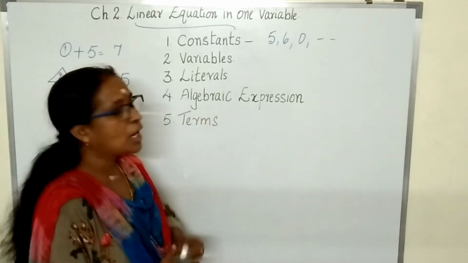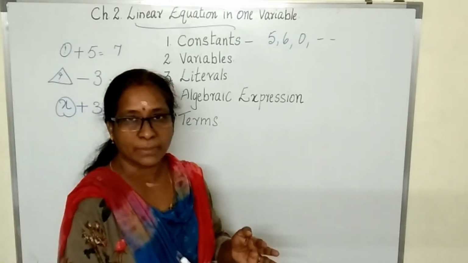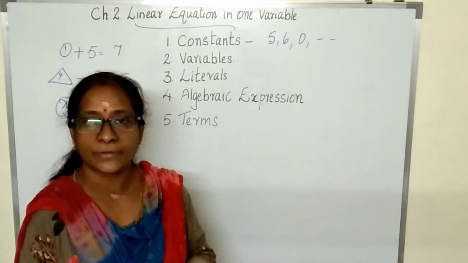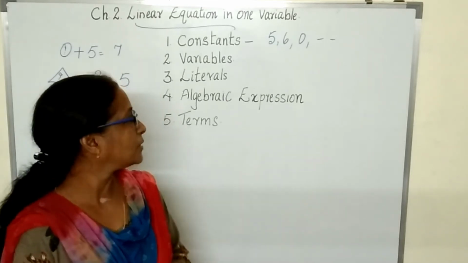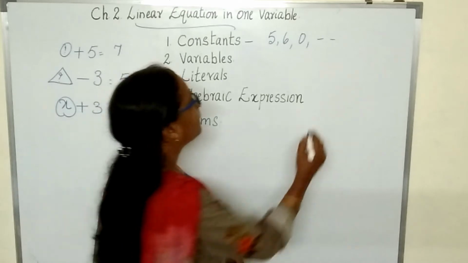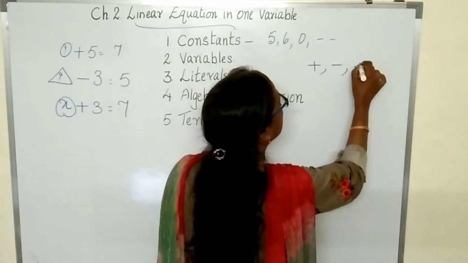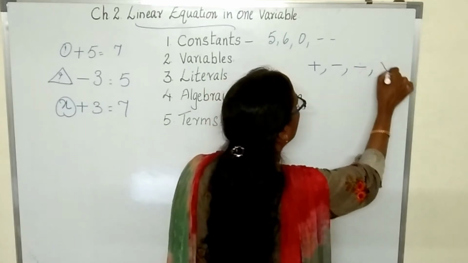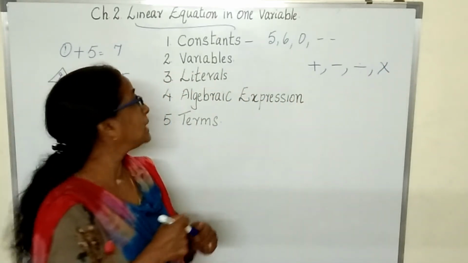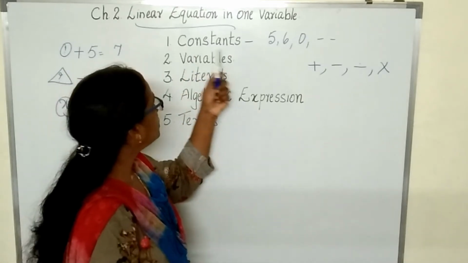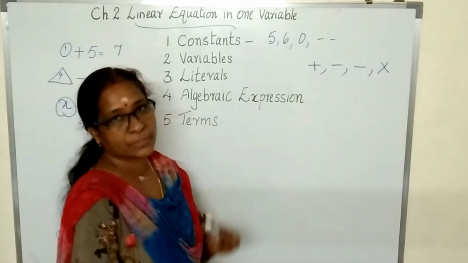Okay. Now, when we combine the constants and variables or the constants and literals with the help of operational signs. Which are the operational signs? If we use plus, minus, division or multiplication sign to combine constants as well as literals, we get an expression.